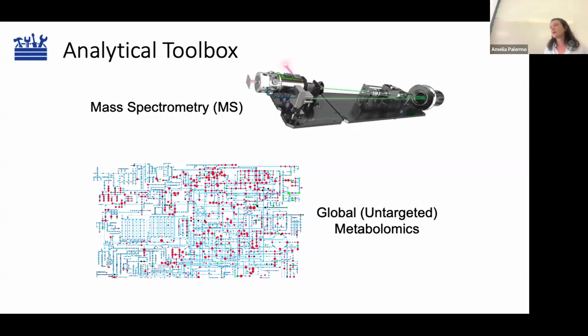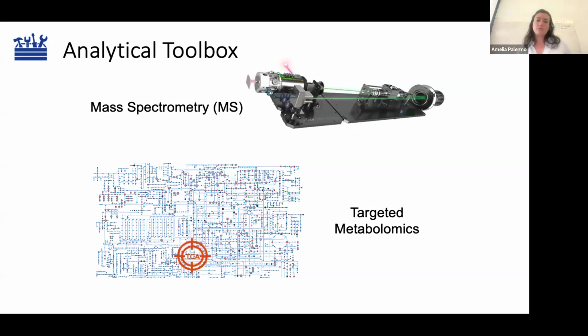So we can use mass spectrometry in two different ways. The first one, the classic one, is the targeted approach, targeted metabolomics. This is when we already know in this two-dimensional chart which pathways we hypothesize and infer to be involved in the project or research that we are performing.